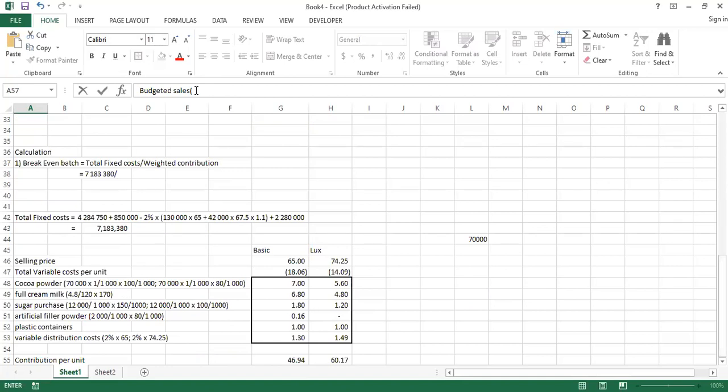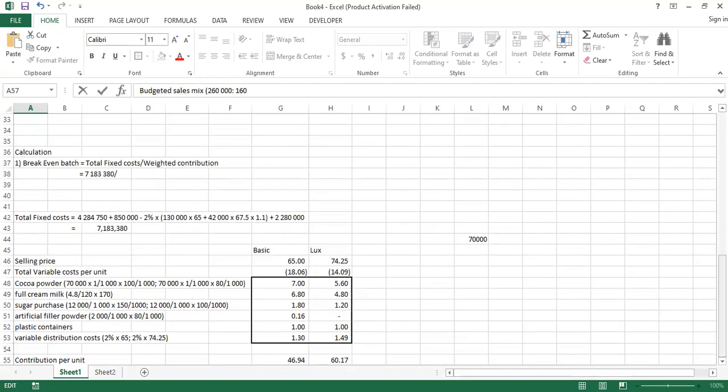So this is supposed to be the budgeted sales mix. We are reducing the total budgeted sales to its lowest term. It's going to be 260, the one where we got corrected, remember. Is it 160 or 140? It should be 140.